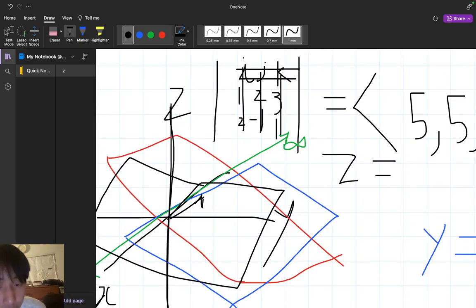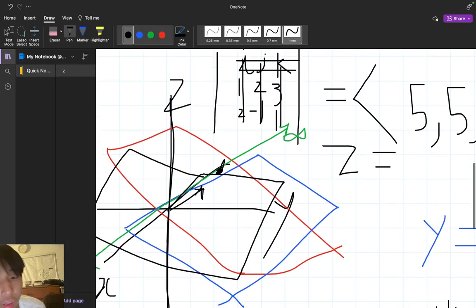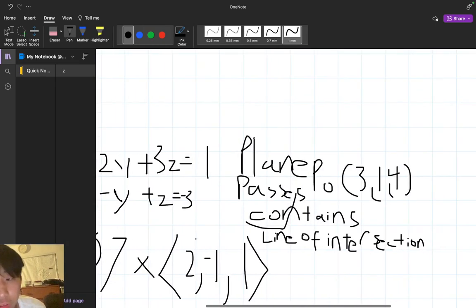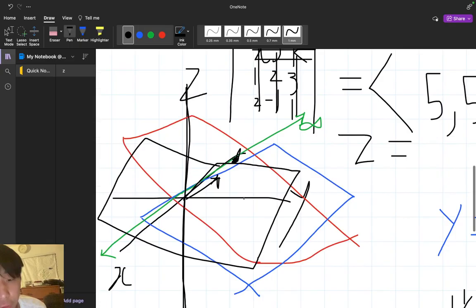And we just got a point on the line, let's say it's right here. And we also have a point on the other plane, which is 3, 1, 4, the plane we need to find. Say that point is right here. Where did I draw the vector? Oh, the vector's right here.